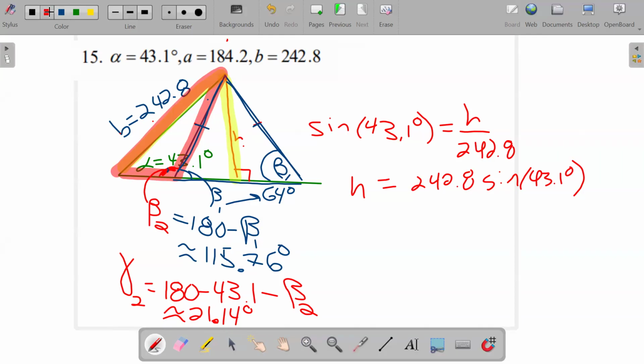I'm going to have a new side C down there, and my new gamma 2 is up there. So we have to whip out the law of sines again to figure that one out.